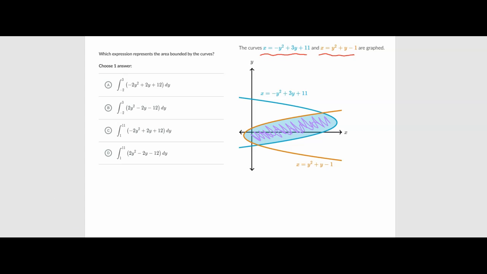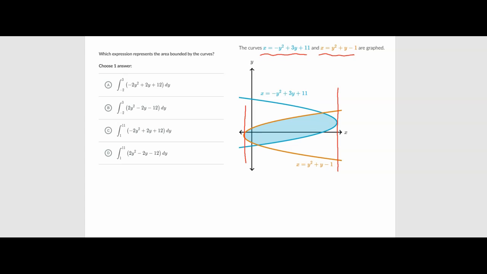Okay, so if I think about looking at it in terms of x's, I would need to go from this x value to this x value. And you'll notice that those two x values are not where the functions intersect, which is usually what we do, right? We'd find where the functions intersect. Those would be our limits of integration.